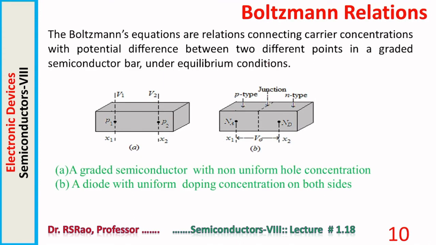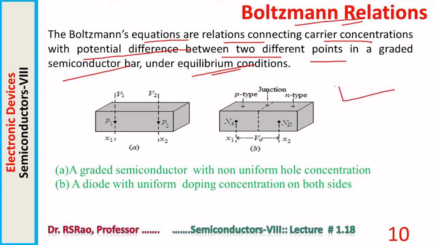Now we consider certain important relations known as Boltzmann's relations. The Boltzmann's equations are relations connecting carrier concentrations with potential difference between 2 different points in a graded semiconductor bar under equilibrium conditions.